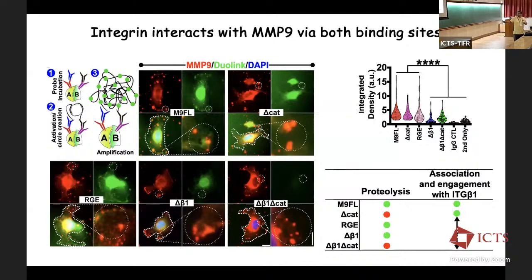In the center, of course, there's a blob and it's difficult to say, but peripherally in these cases you see prominent association, which is substantially reduced in both delta beta 1 and delta beta 1 delcat cells. So when you remove the 17 amino acid integrin binding site, this association is lost. But in RGE, where this 17 amino acid residue is there but you have mutated the RGD to RGE, you can still detect association at the cell periphery.